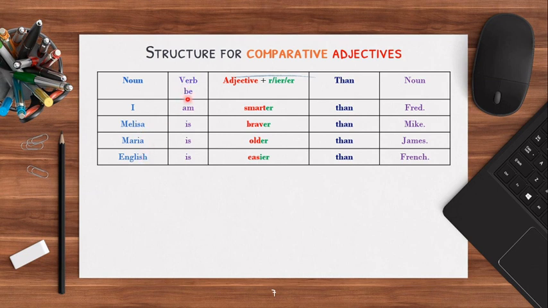The verb be that you need to master for this, in the singular statement, and the adjective. So over here, the adjective plus the er structure that was explained before, spelling, and the word than, that means what or that for others.